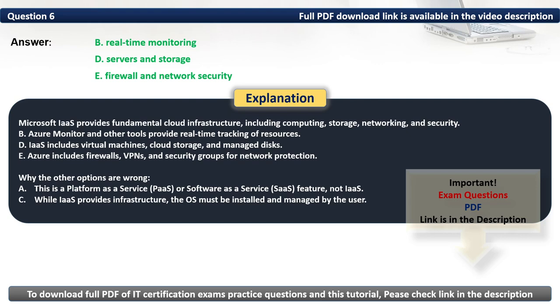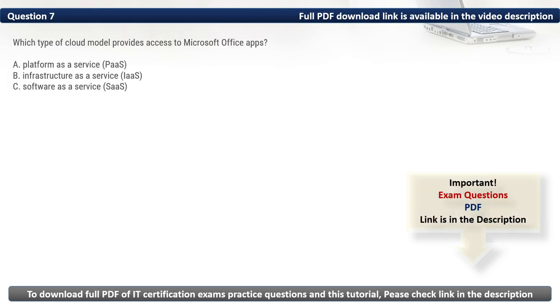About the options: B. Azure Monitor and other tools provide real time tracking of resources. About D. Infrastructure as a service includes virtual machines, cloud storage, and managed disks. About E. Azure includes firewalls, VPNs, and security groups for network protection.